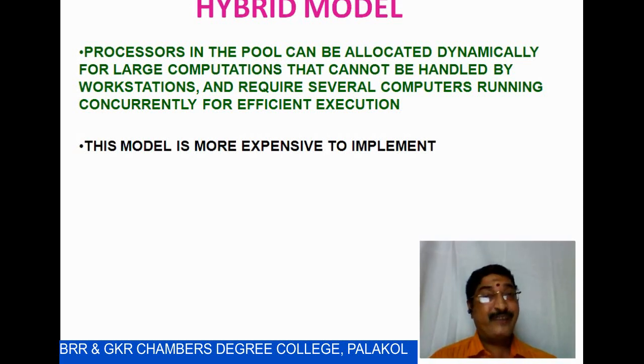The required number of processors will be taken from the pool. These will be calculated, and these will be allocated dynamically. This cannot be handled by a human. It will be automatically taken by the programming or algorithms.